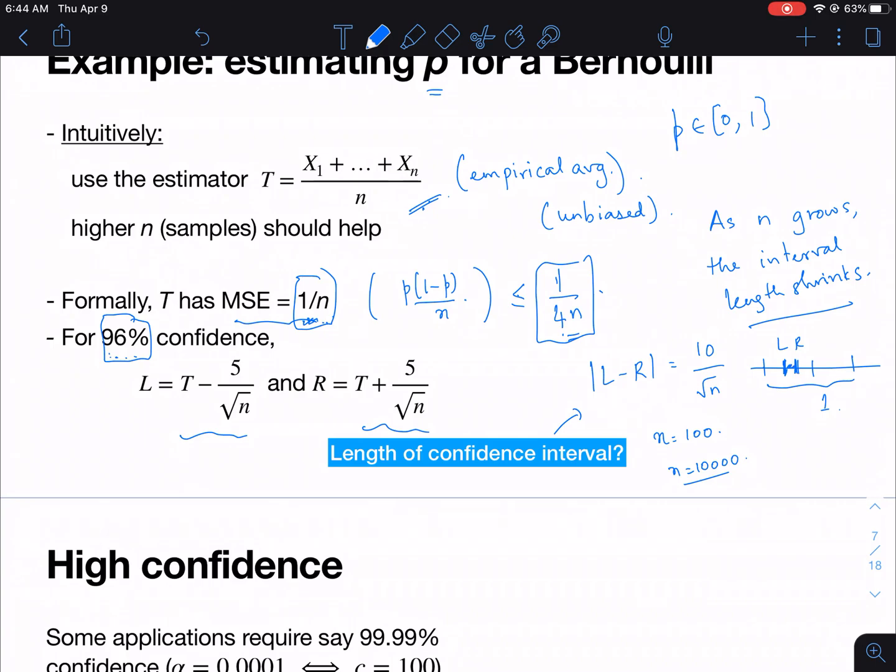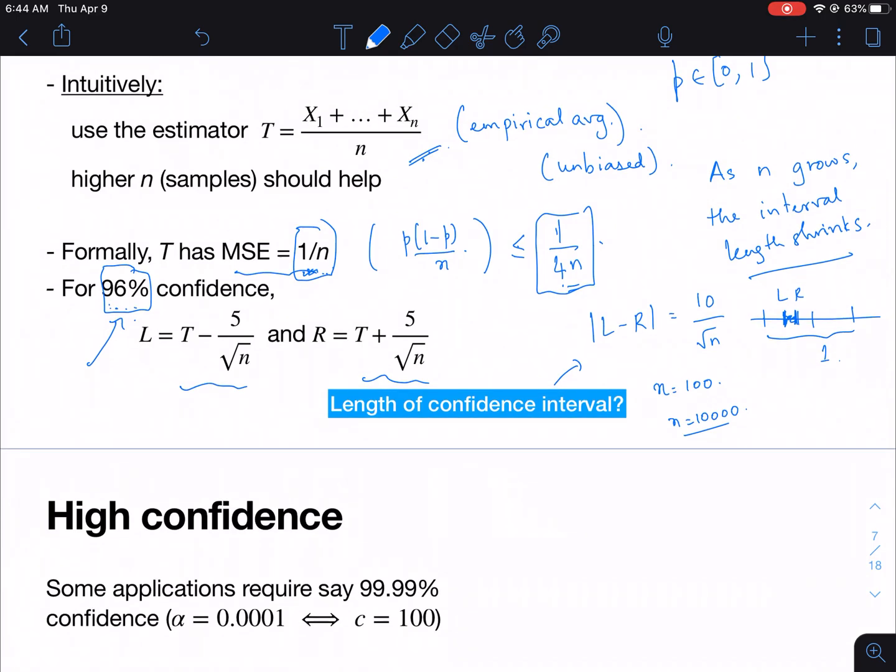So I'm able to isolate P to a pretty reasonable accuracy of 0.1 with 96% confidence. This is one very simple application of what Chebyshev and these mean squared error based confidence intervals give us.